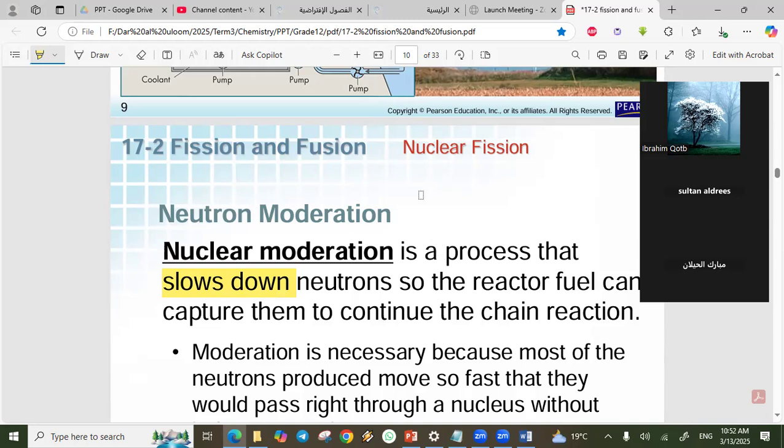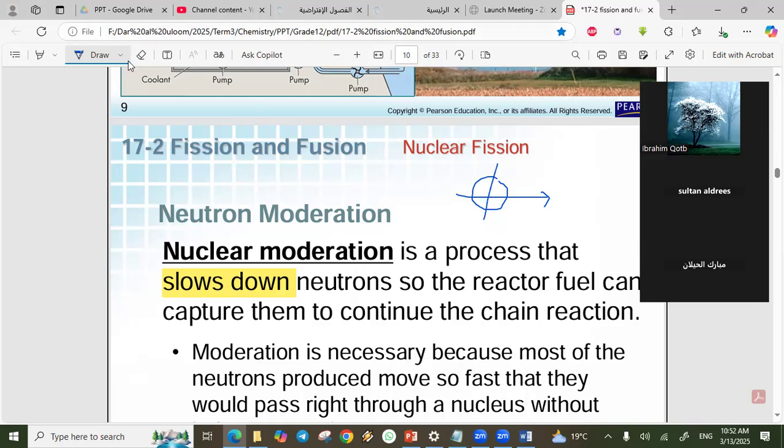But if the neutron is too fast, like this, it can pass through to the other side without splitting the atom. So nuclear moderation solves this problem. It's a process that slows down neutrons to permit the fuel to capture them.